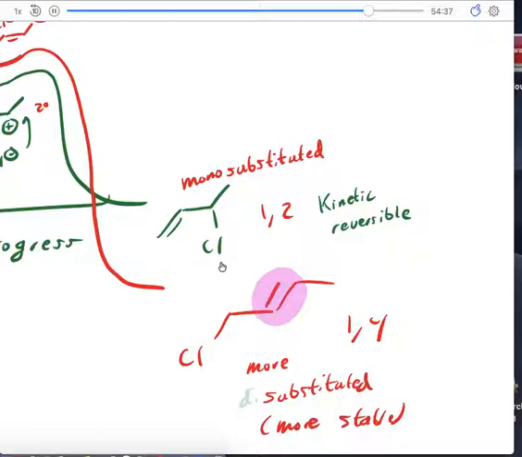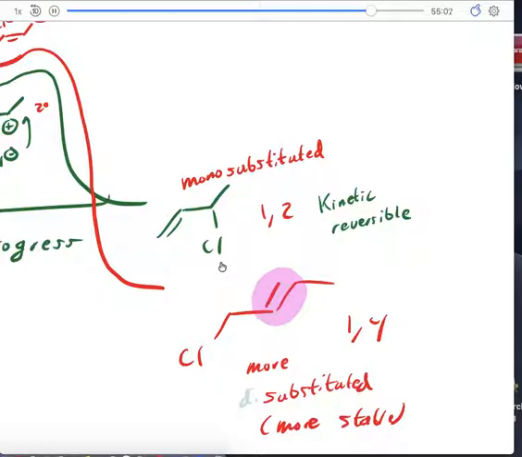Well, if you have a ton of energy, yeah. But the kinetic one can go back and forth pretty easily too. Again, just pay attention to the conditions present in the problem. Yes, Kyle? The thermodynamic product is lower energy because of sterics? Yeah, that's one reason why.